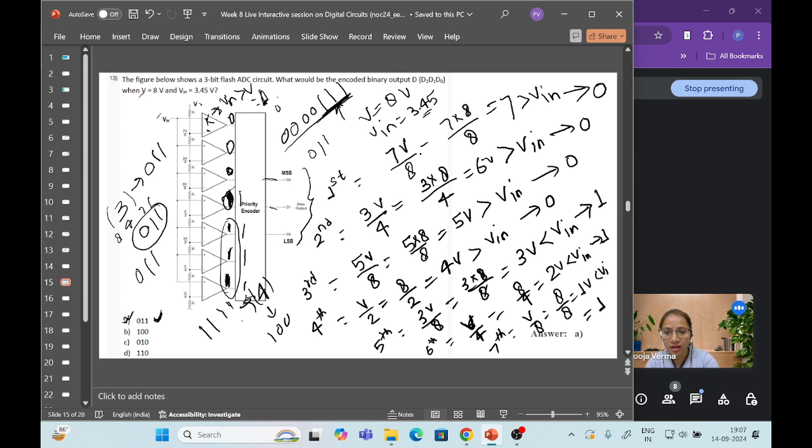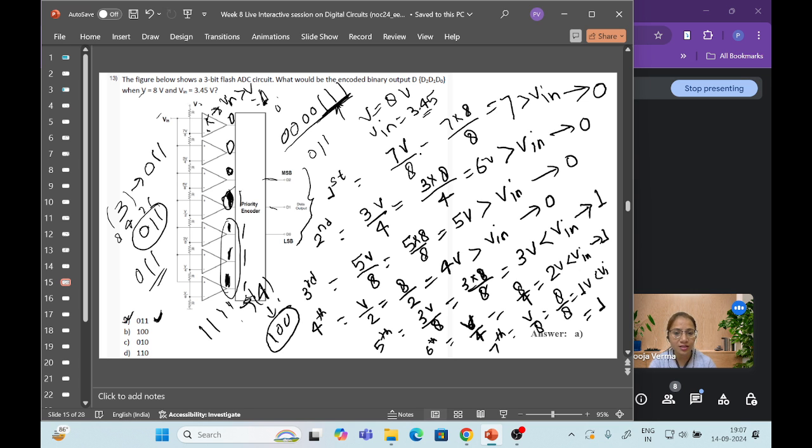It is an 8 to 3 binary encoder, so we have to take the output like this. If four inputs are high, we take the binary equivalent of 4, represented by 1, 0, 0. But here three inputs are high, so we represent that in binary, that is 0, 1, 1.